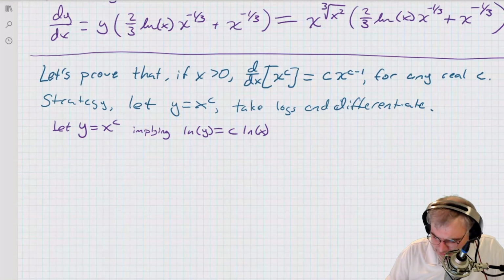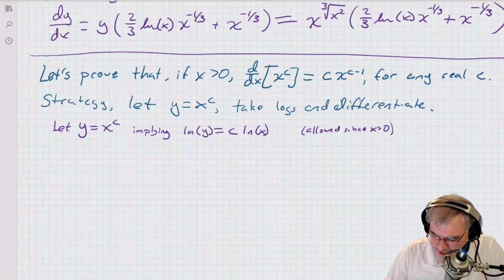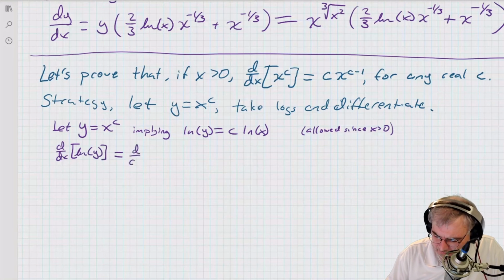Okay, now I take the derivative of both sides, allowed since x is greater than 0. I get d over dx of ln of y equals d over dx of c ln of x.